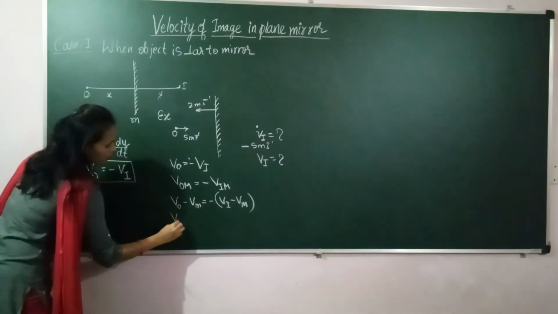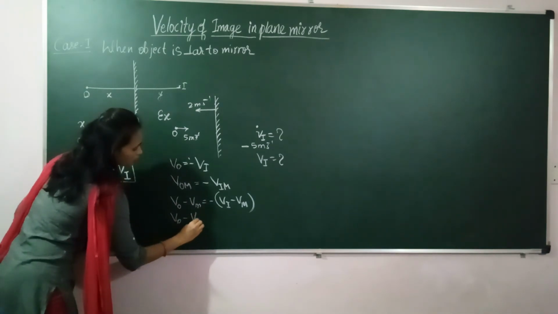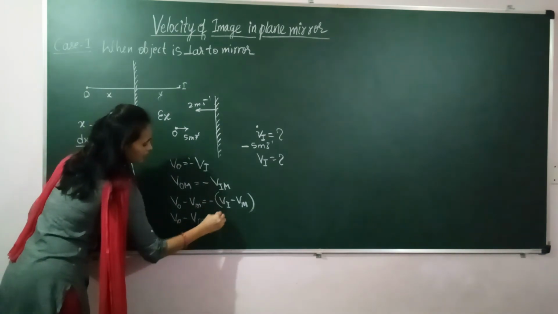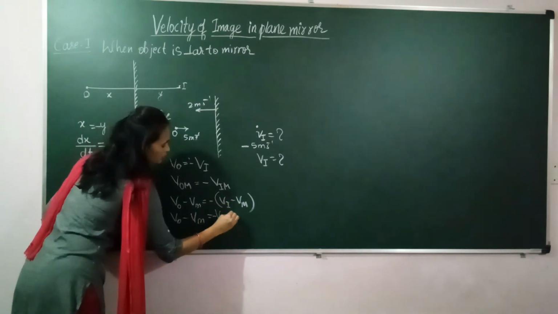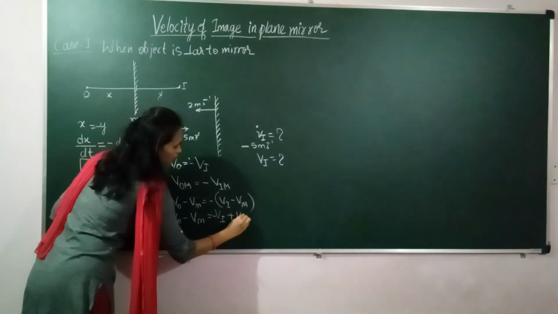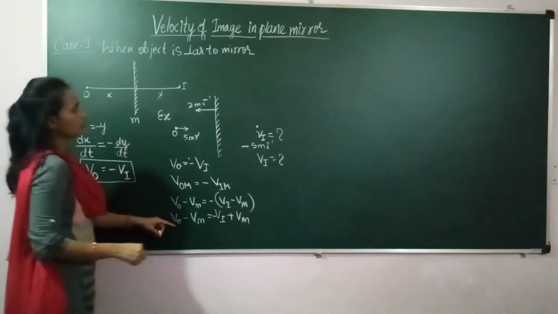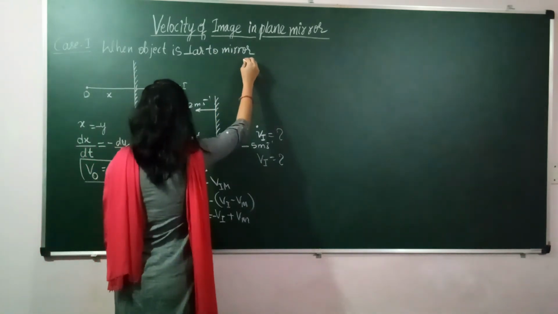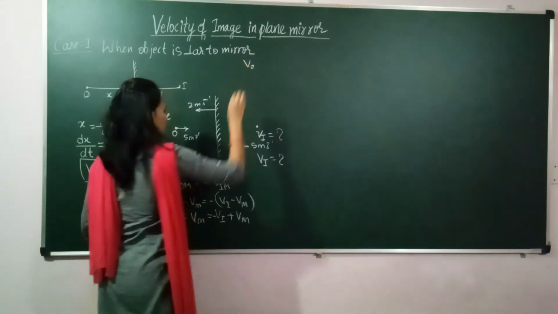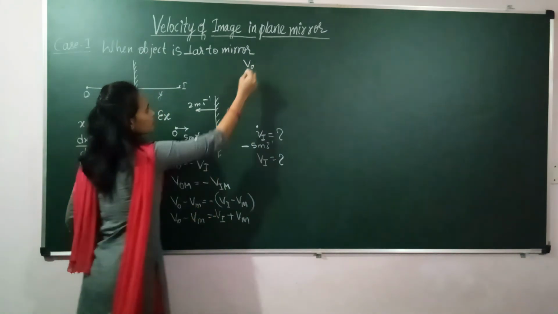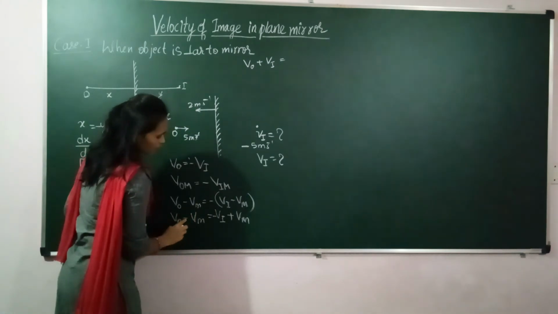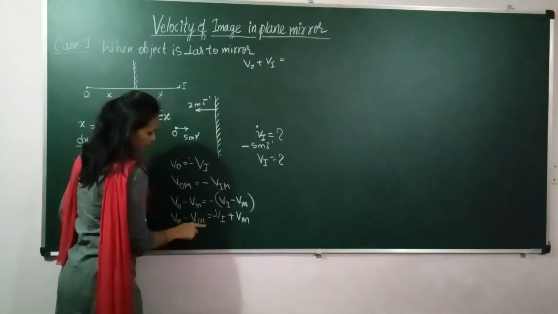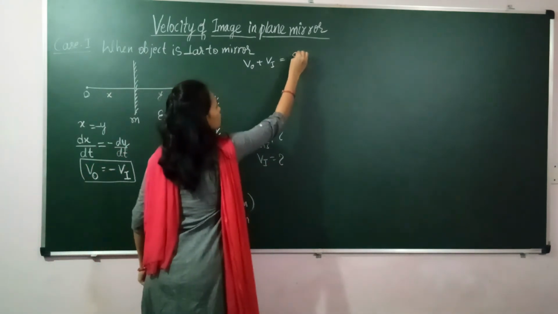So now we will calculate here: velocity of object, and the negative sign with velocity of image minus velocity of mirror will become plus velocity of the mirror. So we get velocity of object plus velocity of image equals 2 Vm, since this Vm and this Vm become 2 Vm.